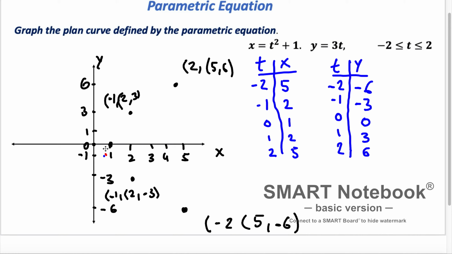Now I'm just connecting all these points together and we can graph the curve. The curve goes up to this point, and connecting those points, the curve is up to here. So this is the plane curve defined by the parametric equation x = t² + 1, y = 3t in this interval.